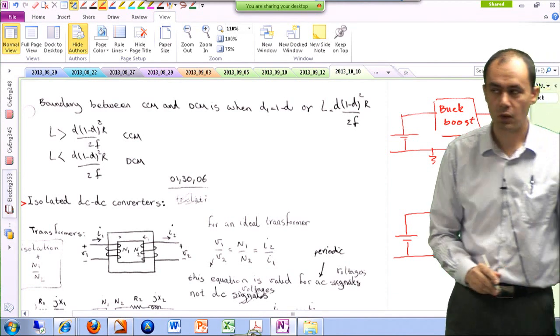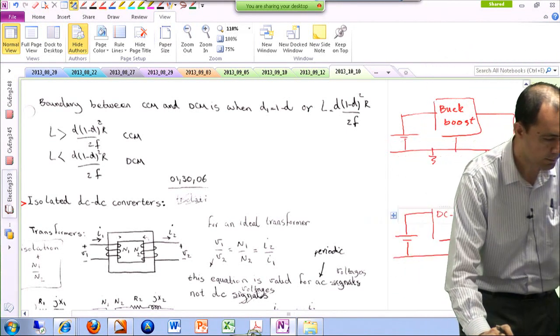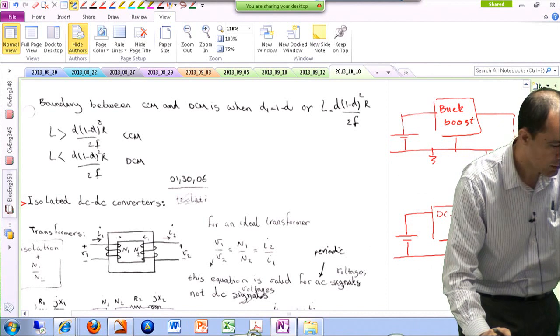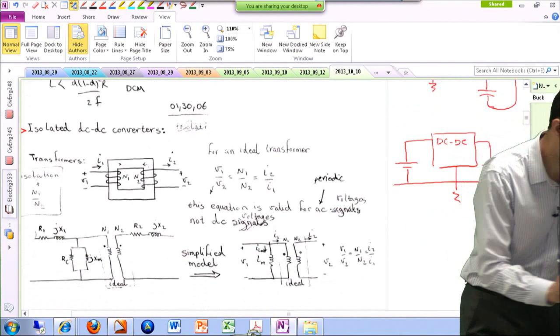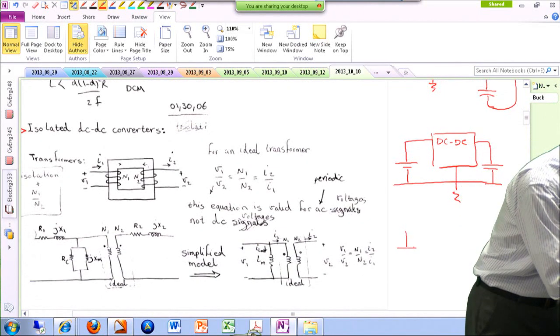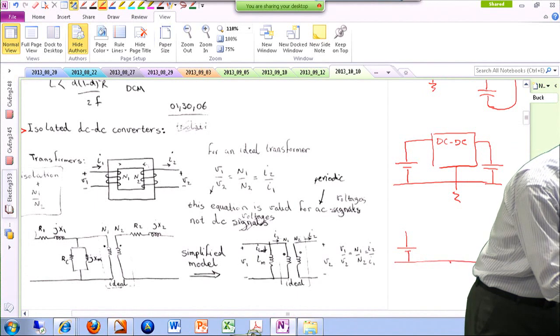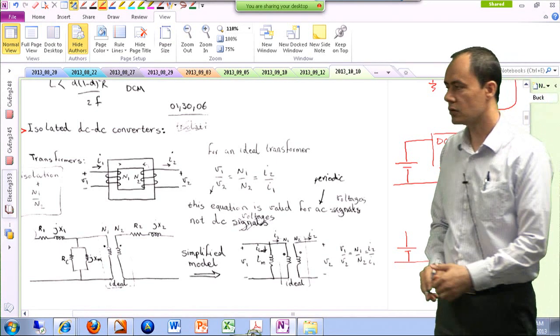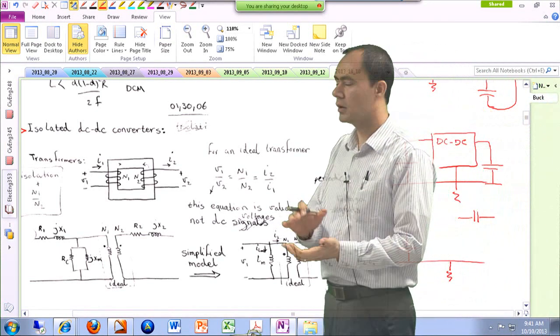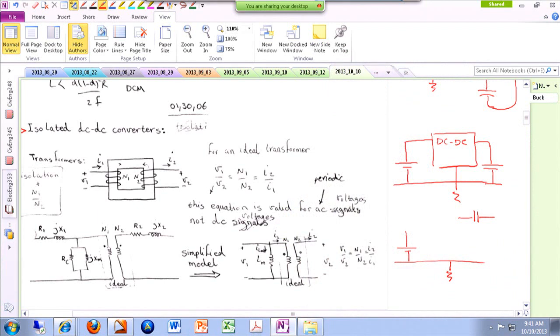Now, what if the cap that you are trying to charge is not really connected to the ground? So you have this source, and this is your ground, and you have a cap somewhere up here, for instance. Neither terminal of this cap is grounded. Now what are you going to do? You cannot really use a buck or a boost anymore because they are not sharing the same ground.